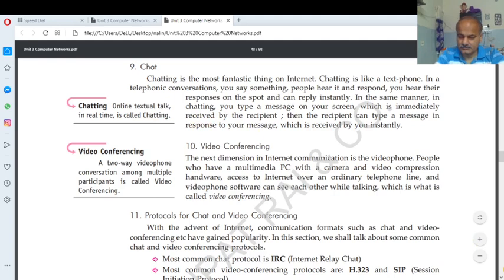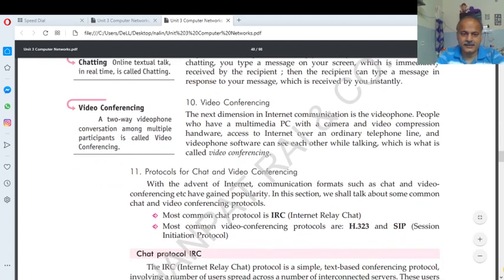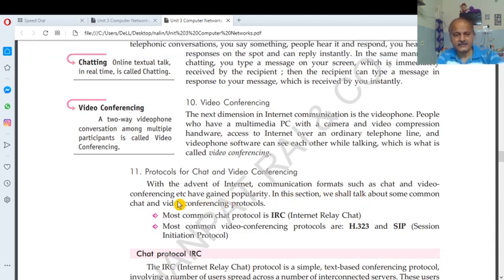And some examples, the protocol for the chat and video conferencing. With the advent of the internet, communication formats such as chat and video conferencing have gained popularity. In this section we shall talk about some common chat and video conferencing protocols.